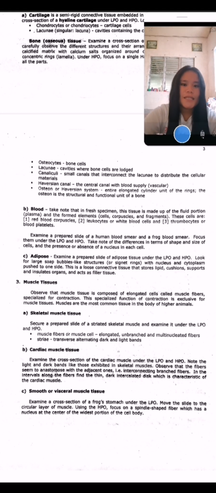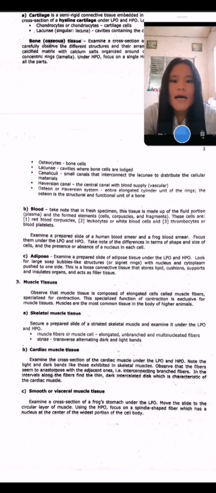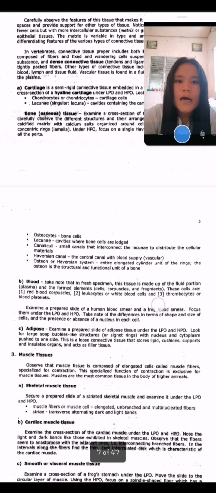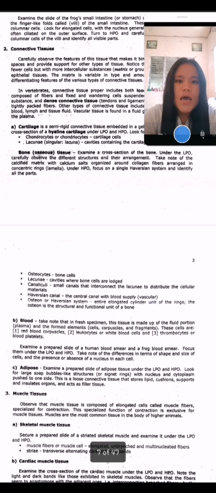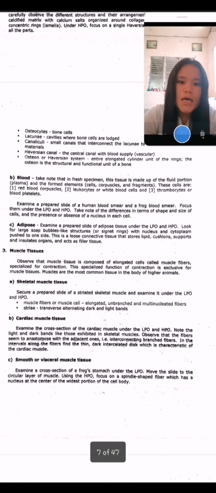So, number 3 na ta. Number 3 is for muscle tissue. Bone, cartilage, blood, adipose are the connective tissues. And then, muscle tissues.